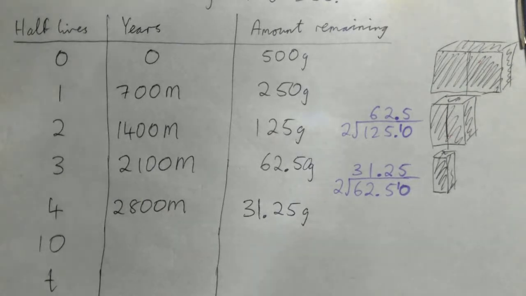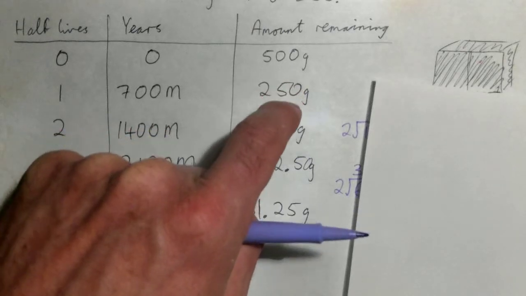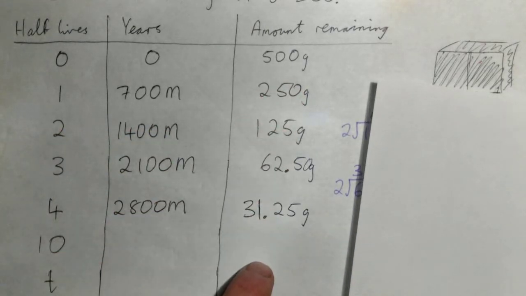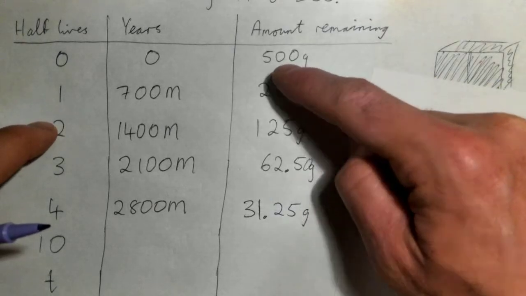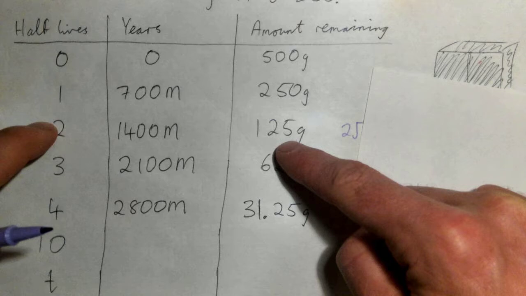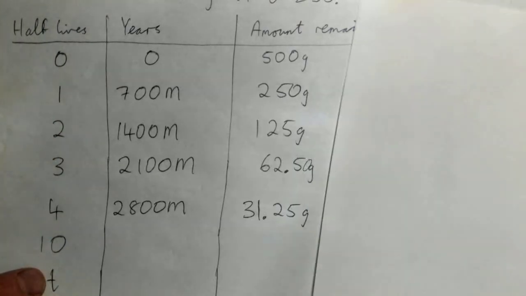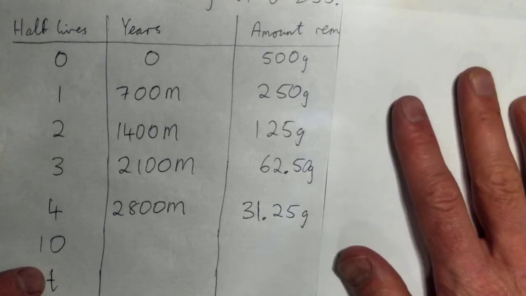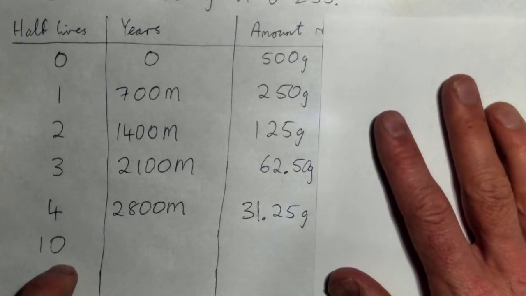And I want you to think about how, aren't we having this as we go? Right? So for 2 half-lives we halved 500 and then we halved it again, didn't we? Okay. So that might give us a clue as to what we would do if we wanted a formula to figure out what would happen after 10 half-lives, doesn't it?